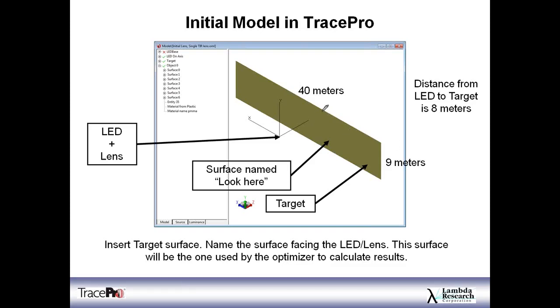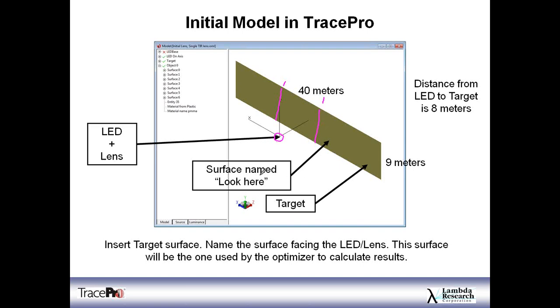My spec is actually 10 meters, so it's roughly this portion here in the center of this target where I'm looking for my light. My LED and lens is quite small, but it's sitting right there at the origin. I mentioned the distance from the LED to the target is 8 meters. That was our mounting height from our specification.